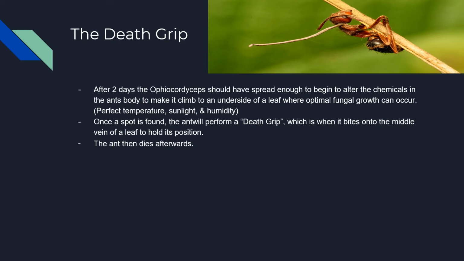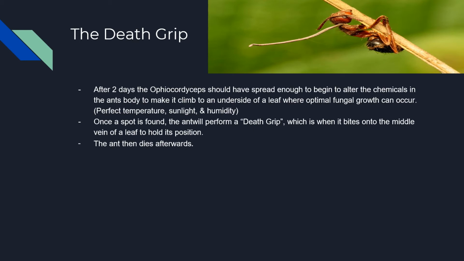And you're going to see why it wants to get to the underside of a leaf later on in the presentation. So once a spot is found, the ant will perform what is called a death grip, which is when the ant uses its mandibles, its teeth, to bite onto the middle of a vein of a leaf to hold its position until the fungi kills it.